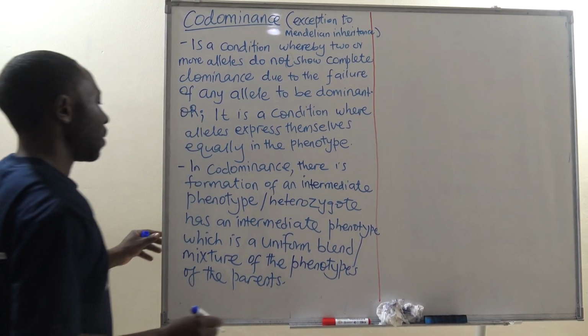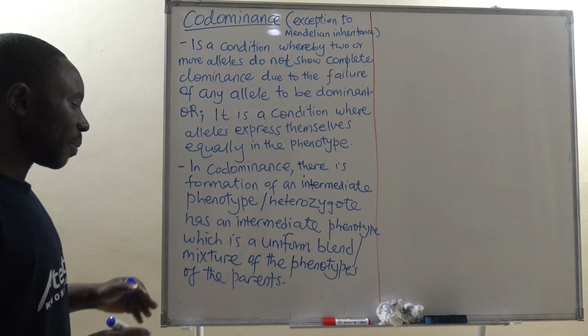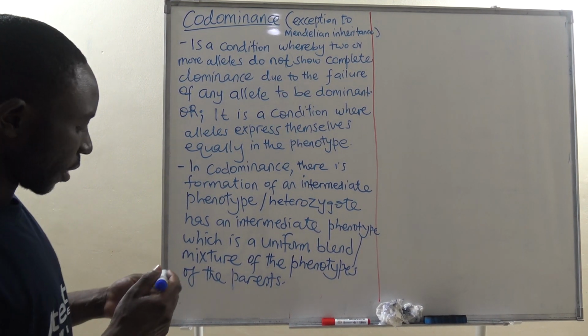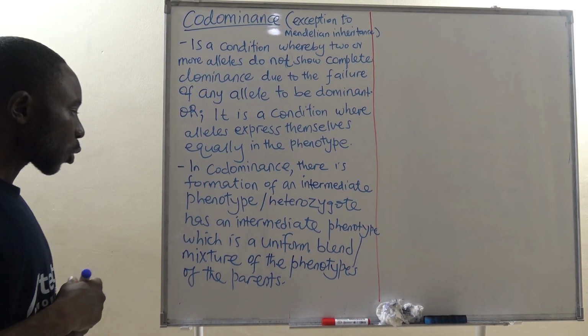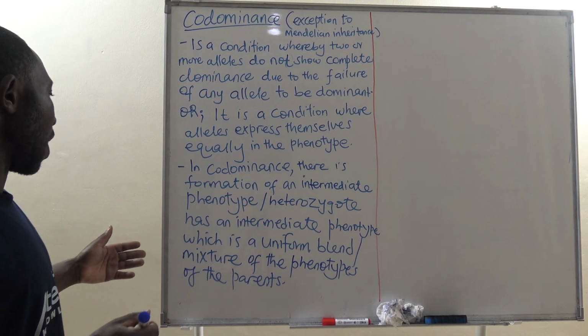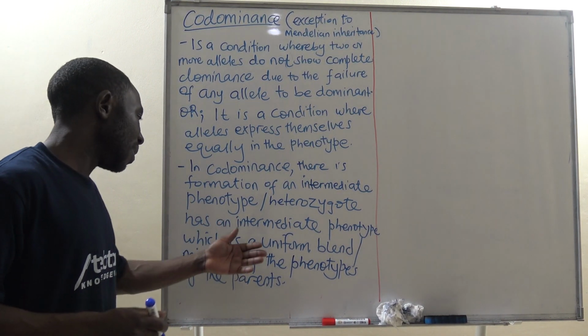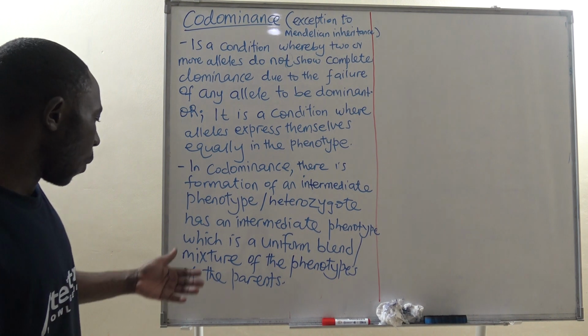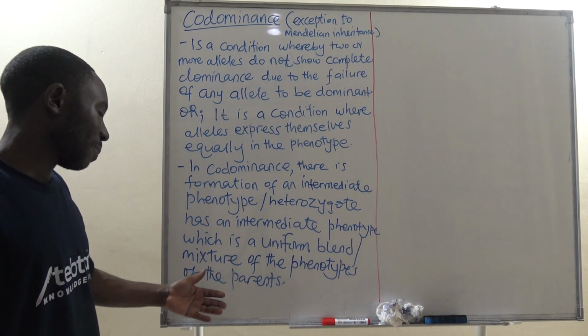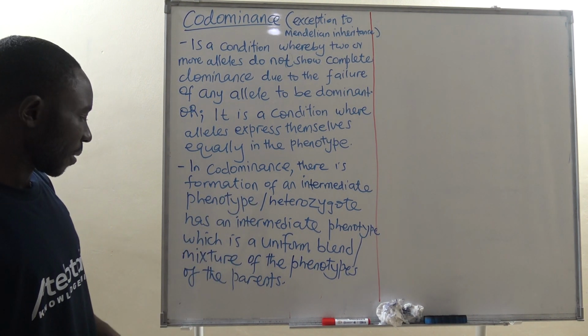So what does it mean? In codominance, there is blending of genes, mixing of genes. The intermediate is a uniform blend or mixture of the phenotypes of the parents.